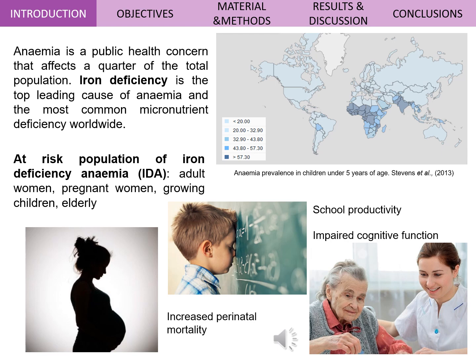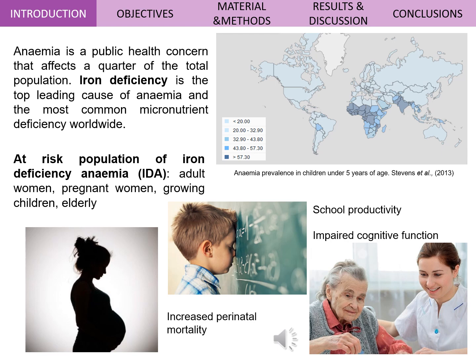First of all, I'd like to start by saying that anemia is a public health concern that affects a quarter of the total population, and especially it affects underdeveloped countries, as you can see with the dark blue colors in this map. Iron deficiency is the top leading cause of all anemia cases and is also the most common micronutrient deficiency worldwide.